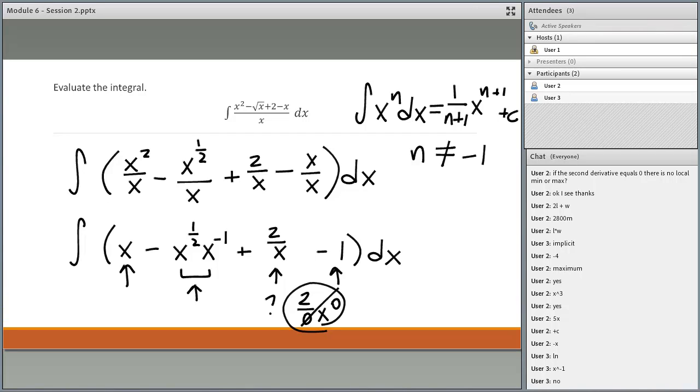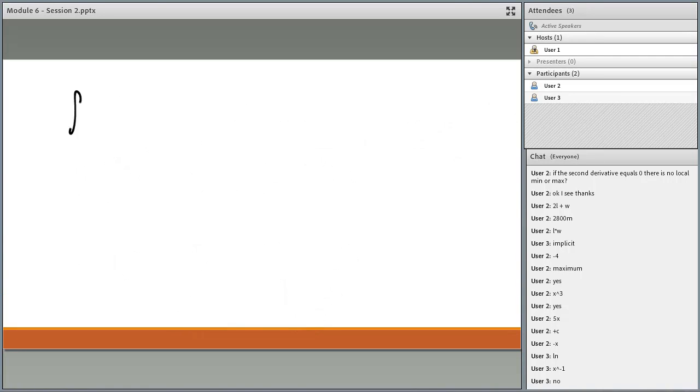What does that simplify down to? We end up getting x to the negative 1/2. So by writing it as x to the negative 1 and bringing it up, it makes it easier to simplify that second term. So let me go to the next page and just write exactly what we have.